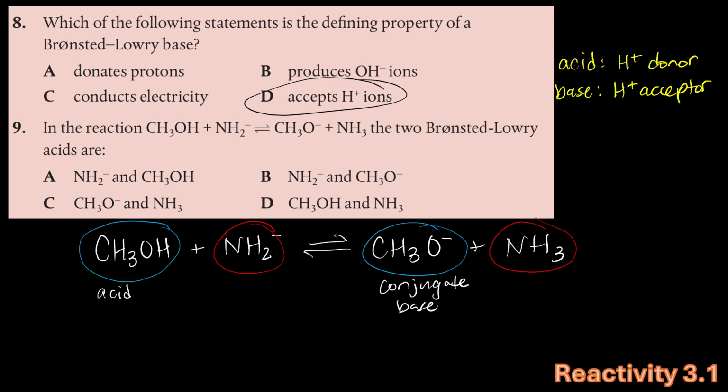Then by default, you can assume that NH2 minus is your base, but you could also derive that because it's going to go from 2 hydrogens to 3 hydrogens. So it accepted an H plus ion. So this would be our conjugate acid.